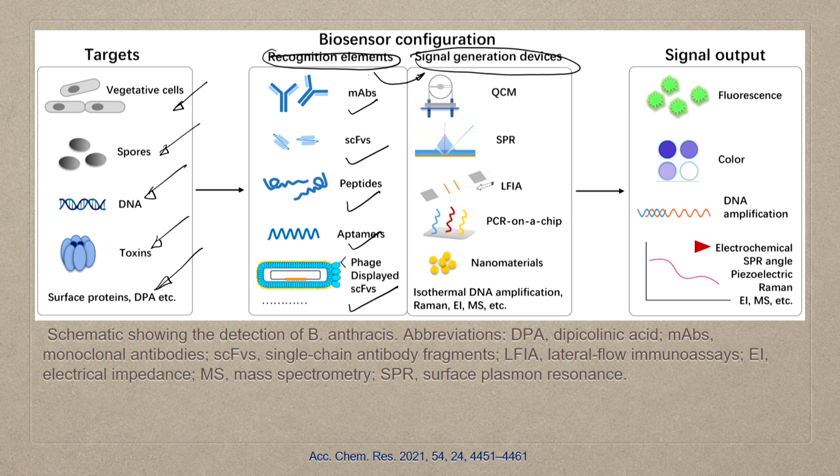While proceeding with some of these techniques like SCM, and of course SPR, LFIA, then eventually PCR on a chip and nanomaterials, I touched upon some of these recognition elements, but I haven't given an in-depth understanding of them.